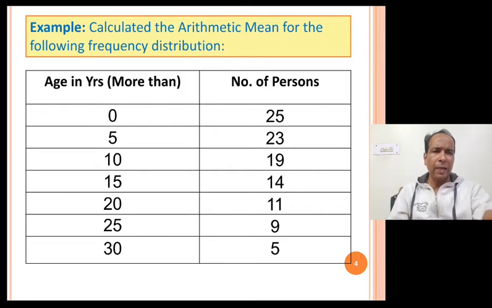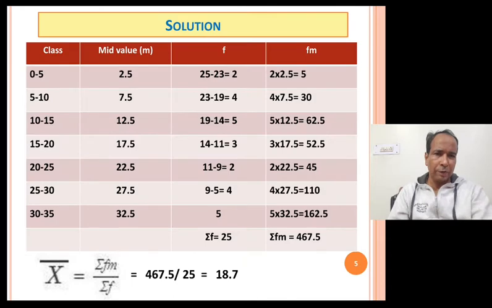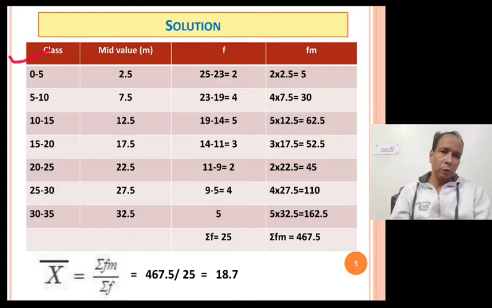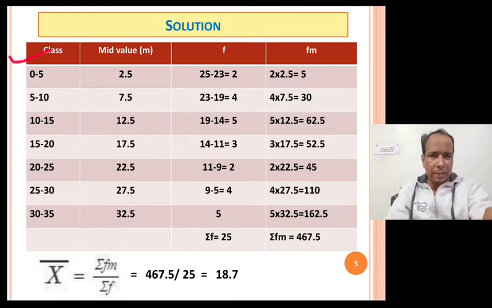We can simply make classes like 0 to 5, 5 to 10, 10 to 15, 15 to 20. You see here in the first column how we made classes: 0 to 5, 5 to 10, that is age groups, 10 to 15, 15 to 20, 20 to 25, 25 to 30, 30 to 35.